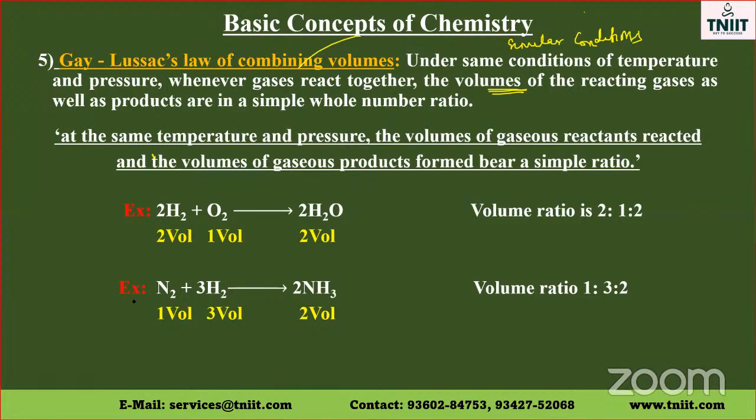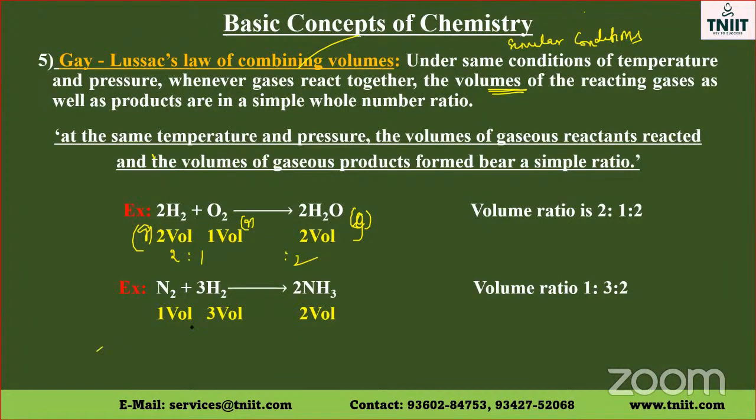Now, for an example, hydrogen is a gas, oxygen is a gas. Hydrogen and oxygen combine to form water. Water is a vapor, we say it is a gas. Now, what does the statement say? At similar conditions of temperature and pressure, different gases react with each other to form a product in simple ratio. That is, 2 volumes of hydrogen combine with 1 volume of oxygen to form 2 volumes of water.